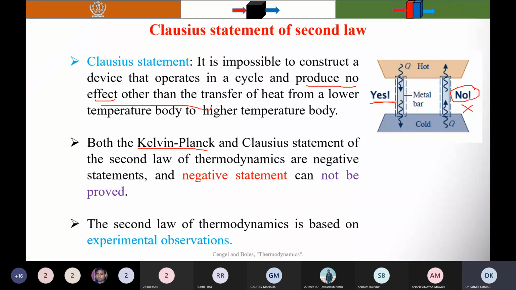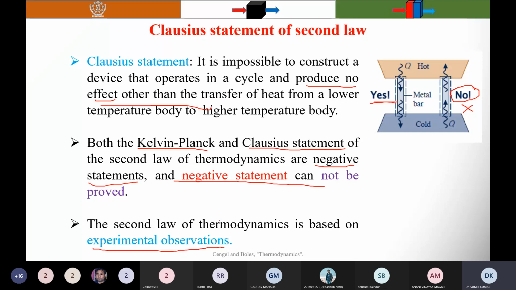Both the Kelvin-Planck and Clausius statements of the second law of thermodynamics are negative statements, and negative statements cannot be proved. So there is no proof of these things. The second law of thermodynamics is based on experimental observation. It is a fundamental law and there is no mathematical proof.